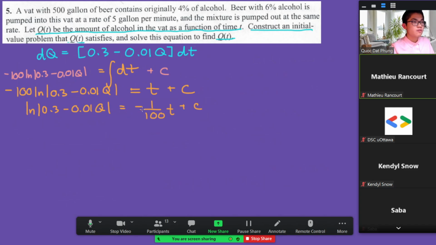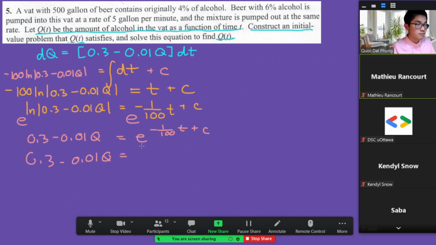Now, in order to solve this, we need to raise both sides to the power of e. Now remember what I said before.